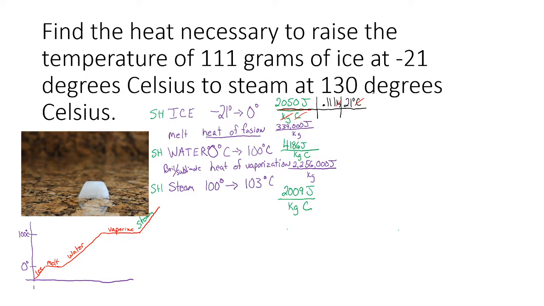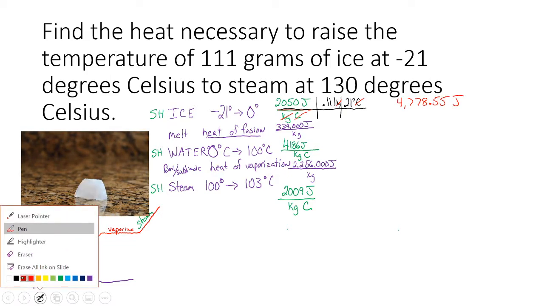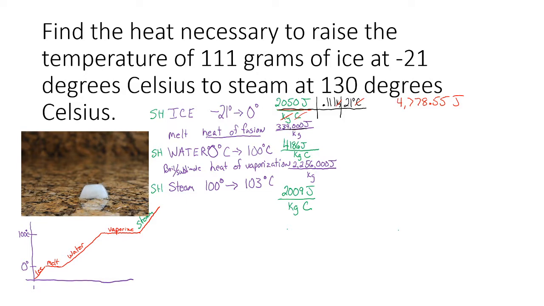Now I just have to do a little bit of math: 2,050 times 0.111 times 21 gives me 4,778.55 joules.